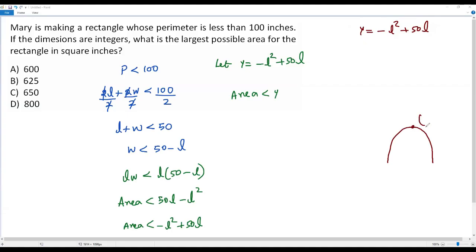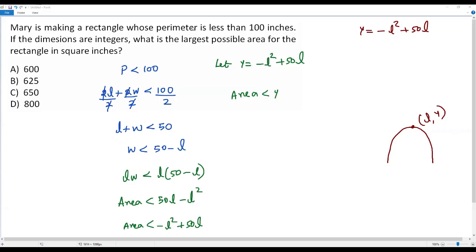So the vertex will have the x coordinate, but instead of x, we have the variable L in our quadratic function. We can write L, and for the y coordinate, we have the same y over here. So the y coordinate at the vertex will be the maximum. So to get the maximum value of y in this inequality, I have to get the y value at the vertex of this parabola.